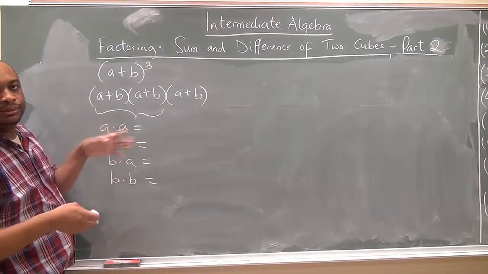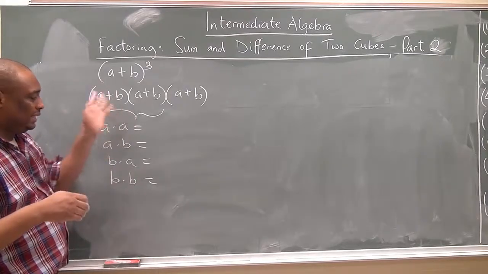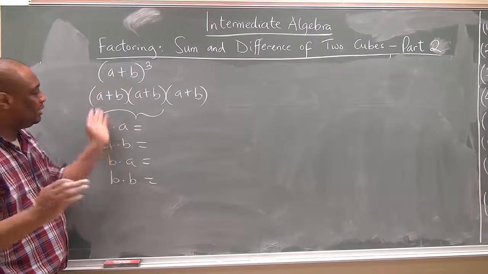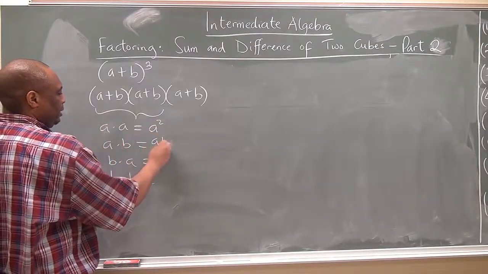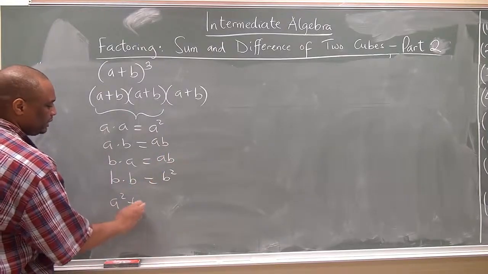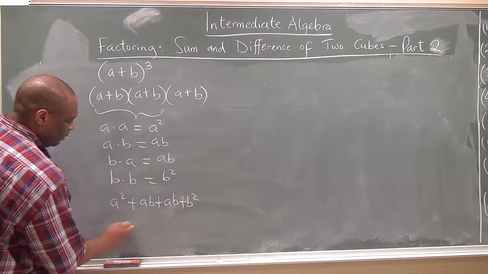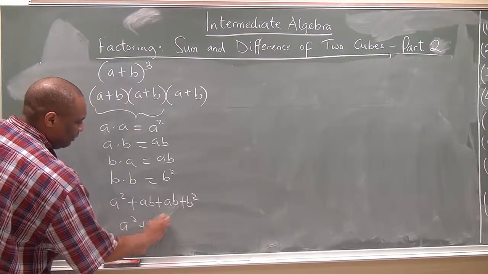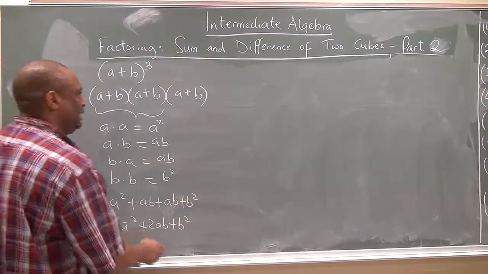Multiplying binomials. I'm listing it by vertical method. You can do it horizontal method, that's fine. So this is a squared, ab, and b squared. So this is a squared plus ab plus ab plus b squared, which is a squared plus 2ab plus b squared. Now, let's go ahead and multiply this.